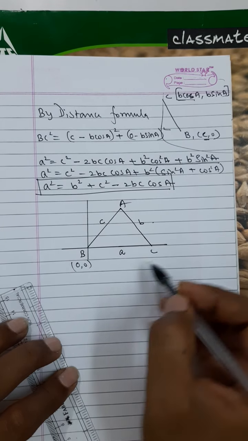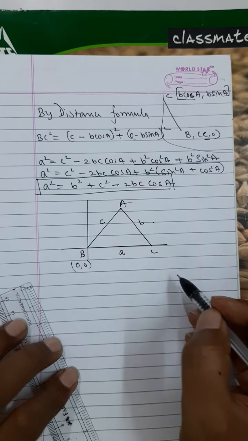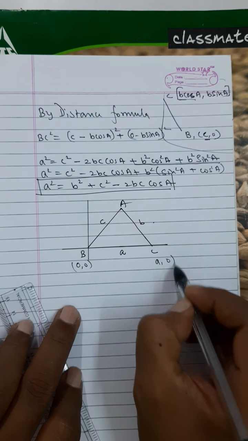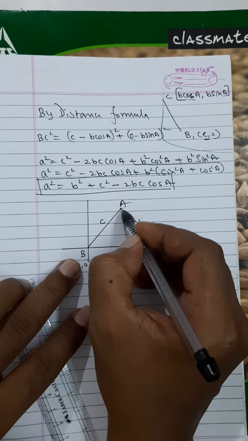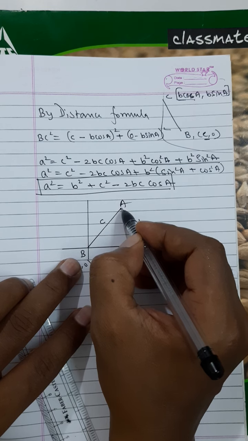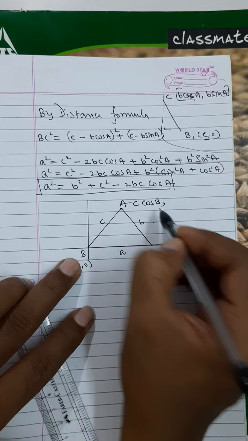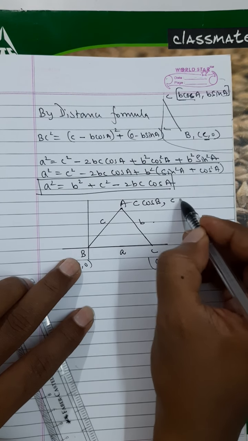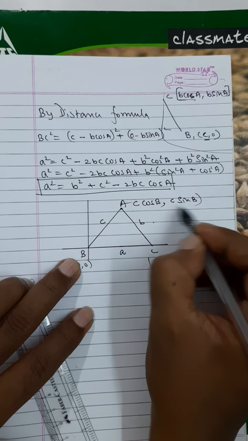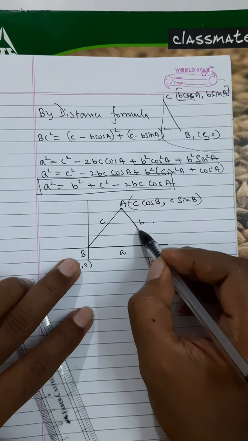This will be (0, 0). Actually we are interested only in this part. This will be (a, 0), and what will be this? r cos theta, that means (c cos B, c sin B), and you basically have to find b square again.